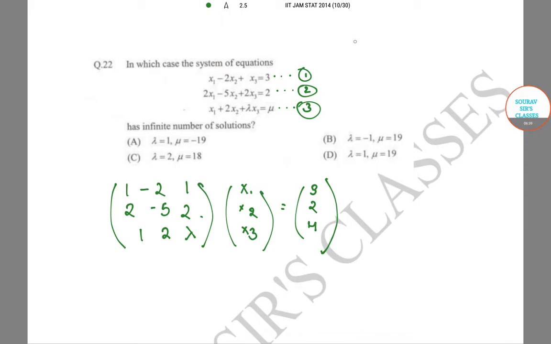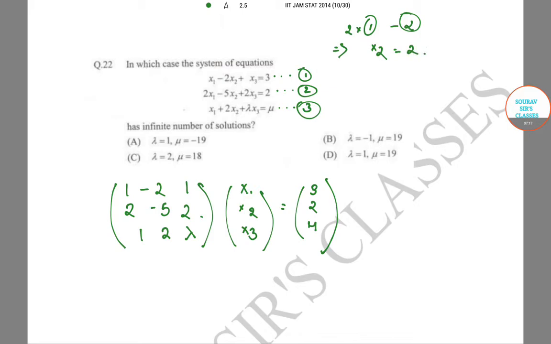Now what we have to do, some manipulation here. So if we do twice equation 1 minus equation 2, we get 2x1 minus 2x1, that gets cancelled out, minus 4x2 plus 5x2, that gives us x2, and plus 2x3 minus 2x3, that gives us 0, is equal to 6 minus 4, that is 2.